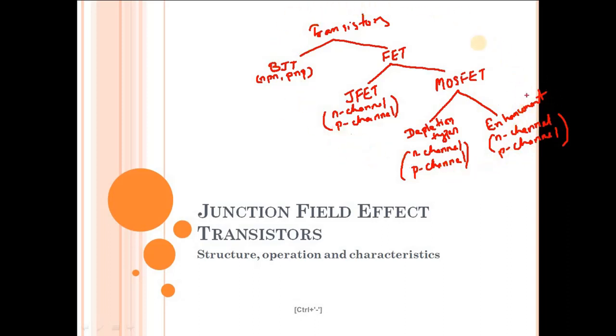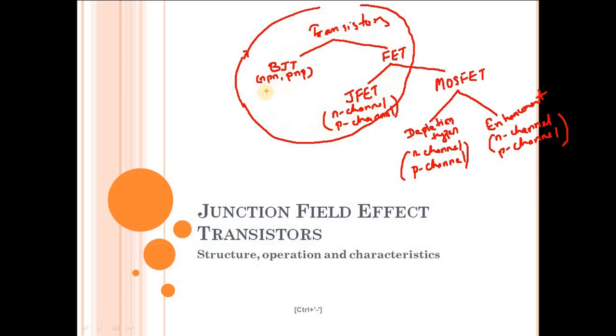There are other types of transistors also, but we are not getting those into our discussion, and in our context we will only confine ourselves with discussion on these transistors. So we will confine our discussion to structures, operation and characteristics of these transistors only.